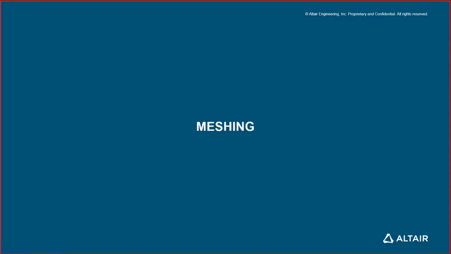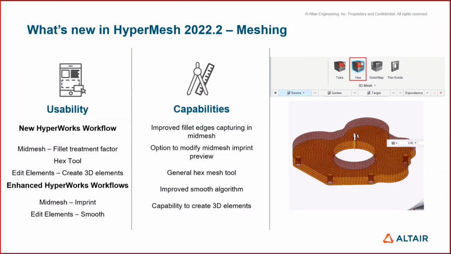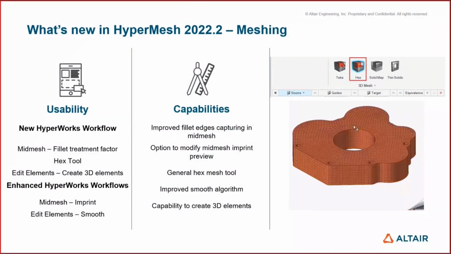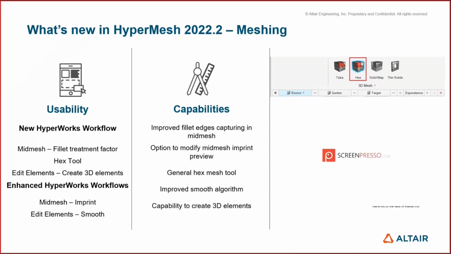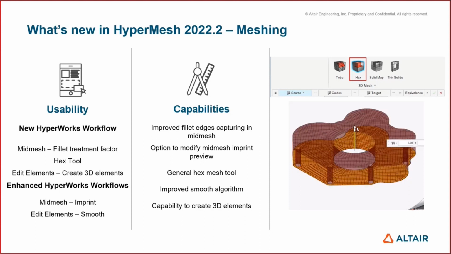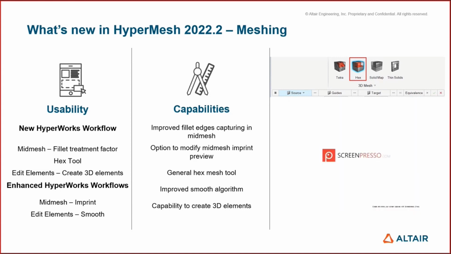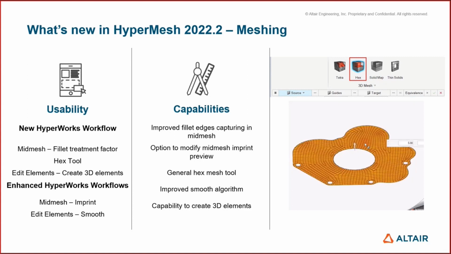Hi, everyone. So I'll be talking about meshing updates with respect to 2022.2. So we have updates with respect to mid-mesh, where we have a fillet treatment factor. This we enhanced to improve the mesh quality coming from the mid-mesh output. Basically, if we want to treat a fillet in a particular way, then we use this factor. Then we have the hex tool, which helps us with solid meshing. Then we have edit element.